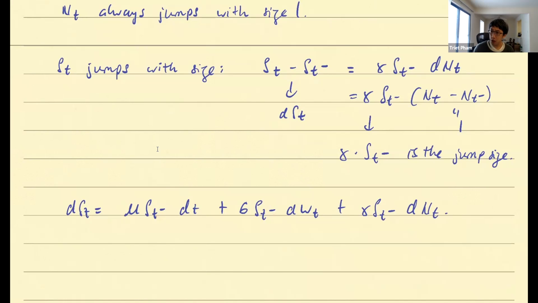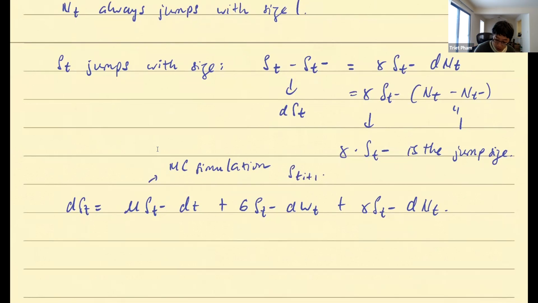And actually, this is not strange because from the Monte Carlo simulation, if you look at how we simulate ST with Black-Scholes, we always say that ST(i+1) is ST(i) times something something. If you look at the code, this is exactly ST minus because it's the left point before we go to the next point. So anyway, this doesn't change anything. But with that, what I do is I will do this.